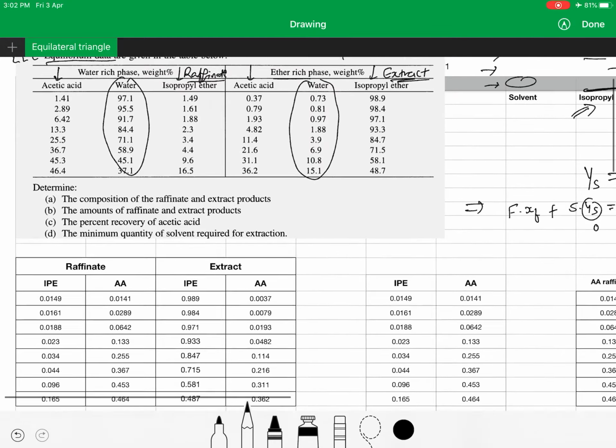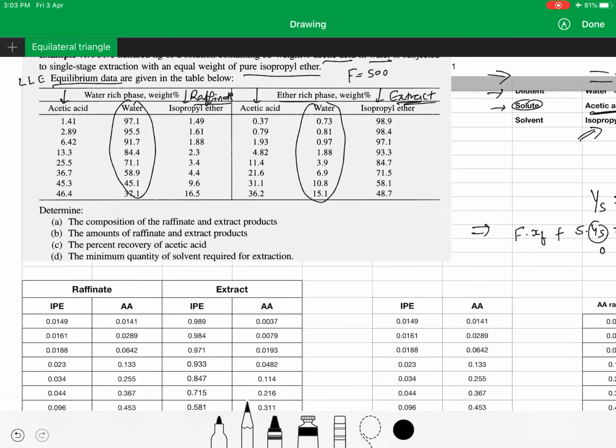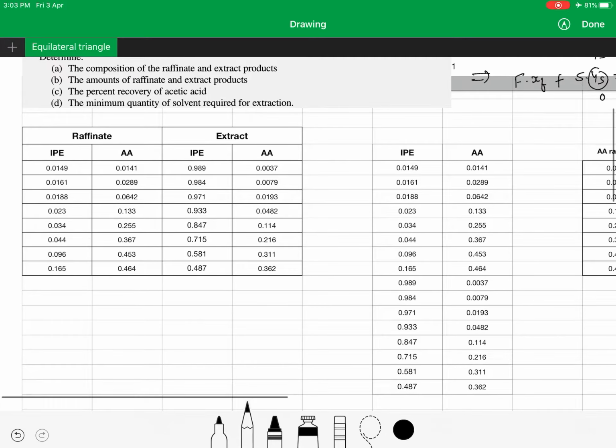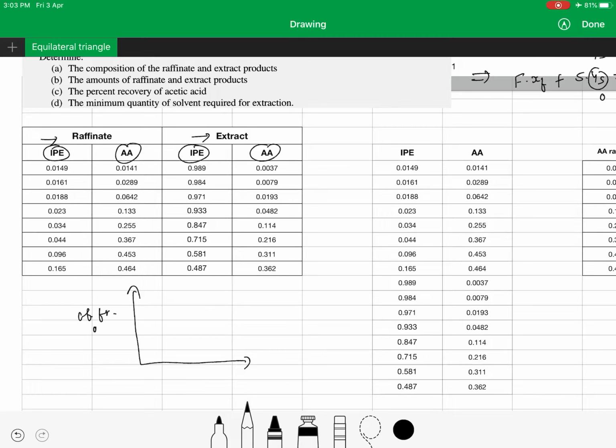Now I have put similar data in a table: the raffinate phase and the extract phase, with the data of solvent and solute. I told you that in the right angle curve, on the y-axis we have the weight fraction of solute, and here the weight fraction of solvent.